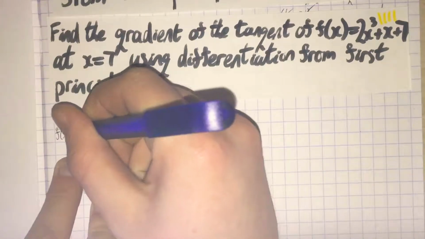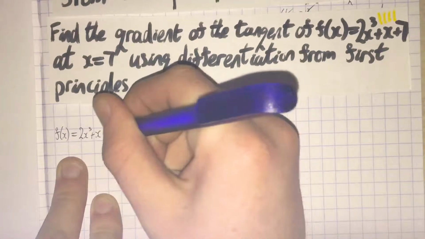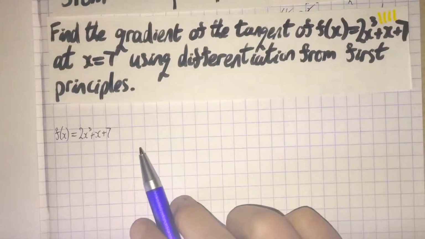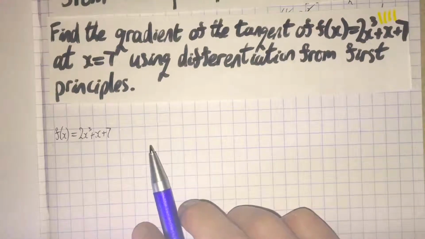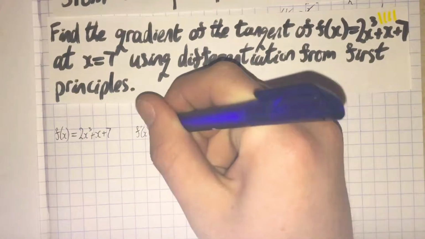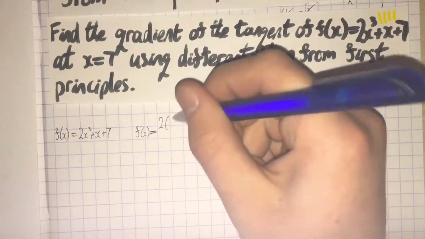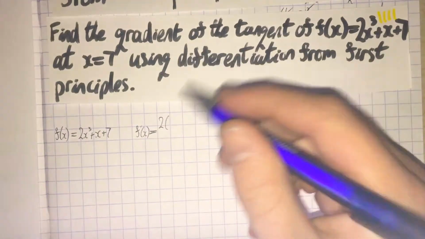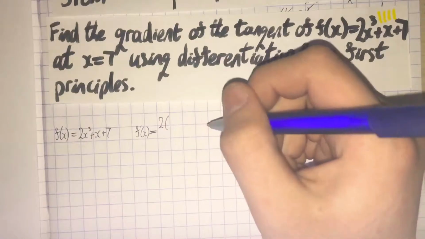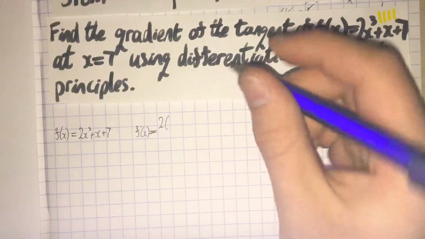So, f of x is equal to 2x cubed plus x plus 7. Right. So, f dash of x will equal to, I forgot the limits, but don't worry, do try not to forget it, being a poor example here.